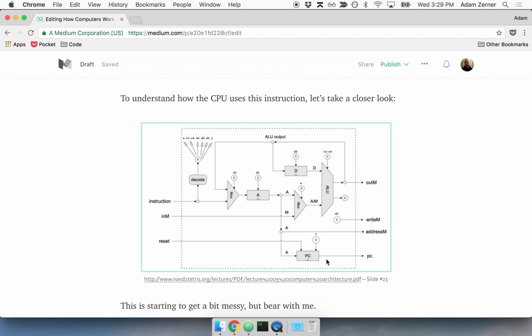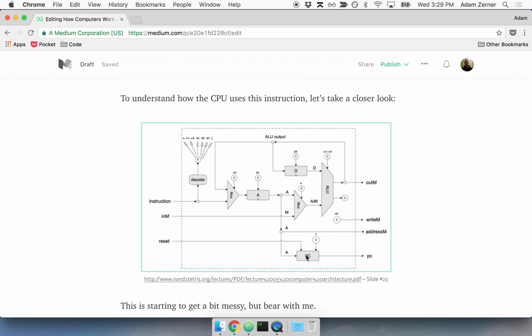So maybe the result of the computation is 3040. We write 3040 onto A, and then we set this load wire on. 3040 is being fed into the program counter, and if we set the load wire on, it's going to be written to the program counter.